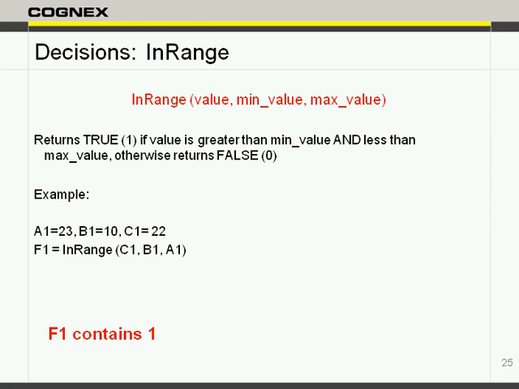B1 equals 10, so that's our minimum. A1 is 23, that's our maximum. So the logic statement is saying, is 22 between 10 and 23? Yes. So this is a true statement. So the result would be a 1.